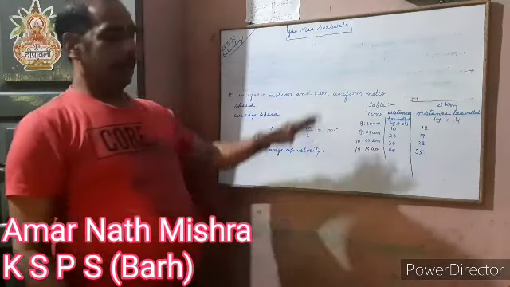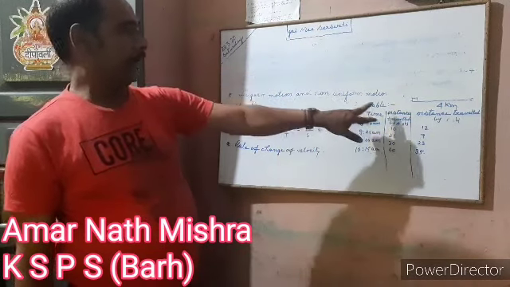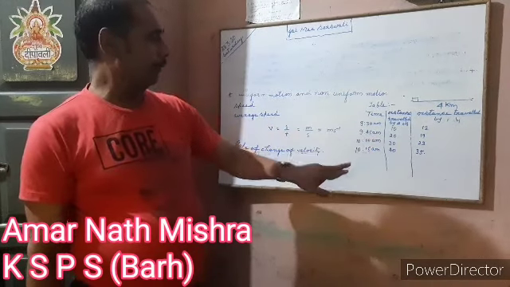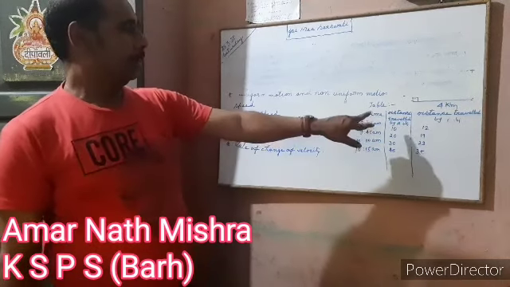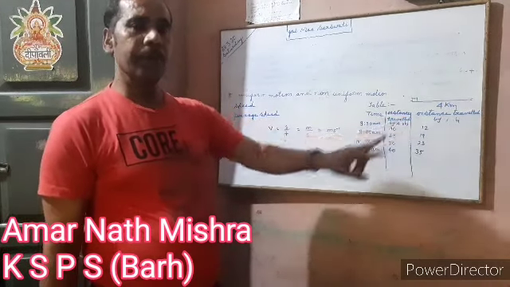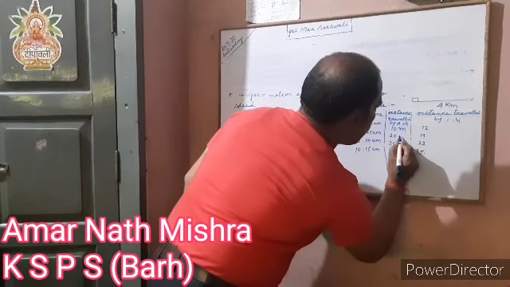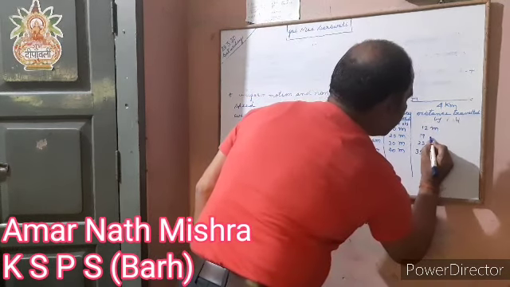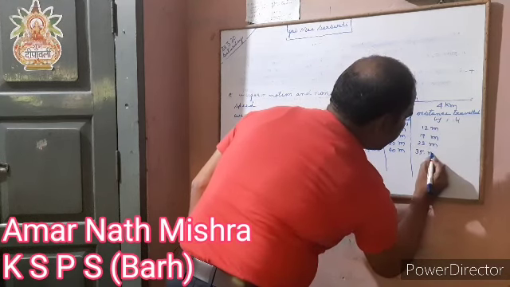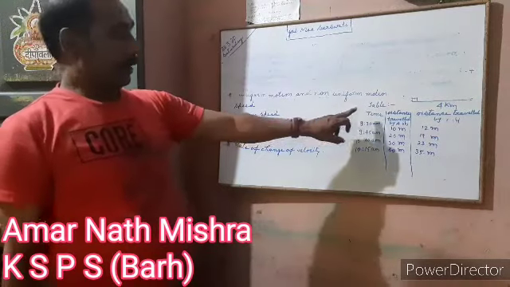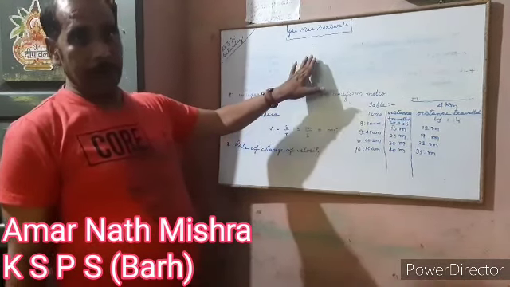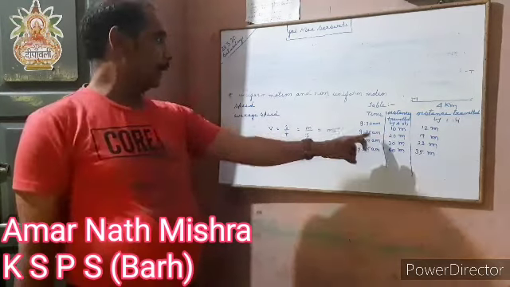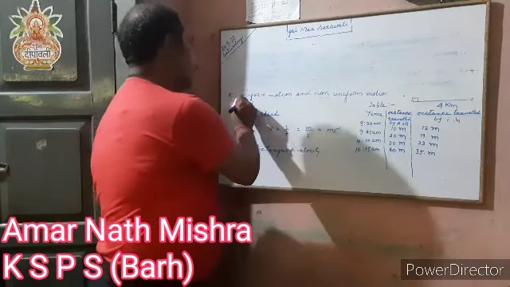Now pay your attention to this table. The time indications are 9:30 a.m., 9:45 a.m., 10 a.m., 10:15 a.m. The distance traveled by an object is 10 meters, 20 meters, 40 meters, or here 12 meters, 19 meters, 23 meters, 35 meters. When an object covers equal distance in equal intervals of time, the motion is called uniform motion.